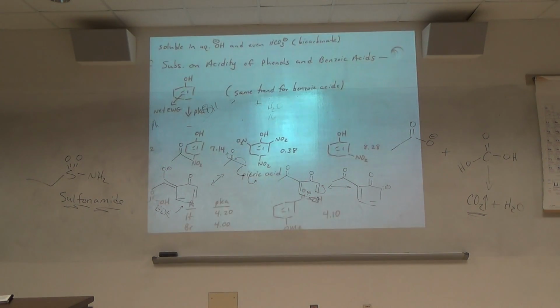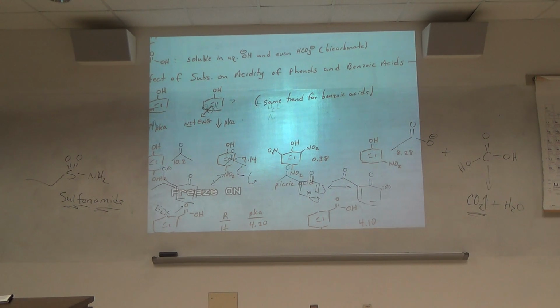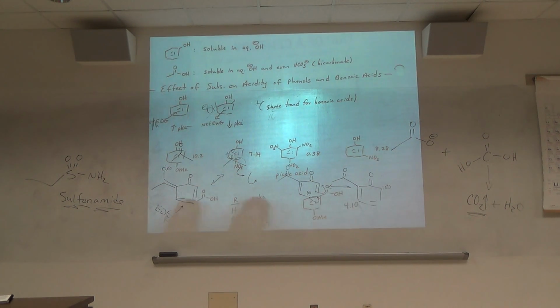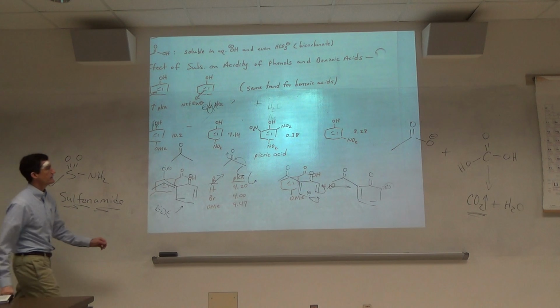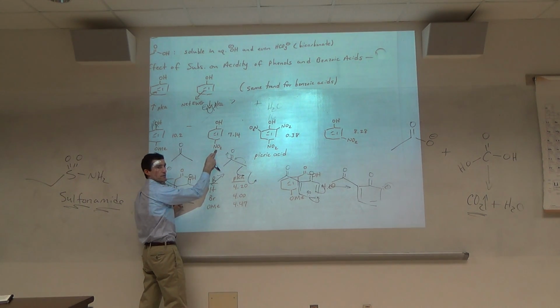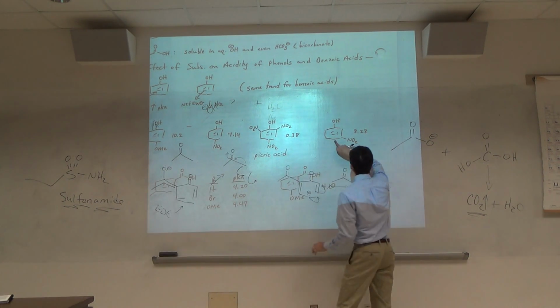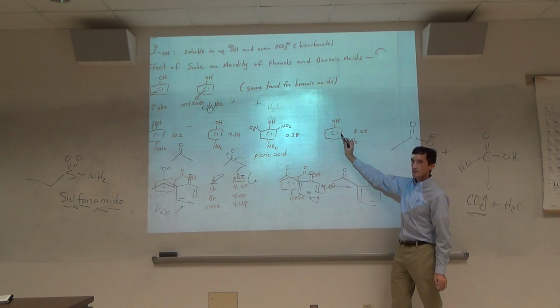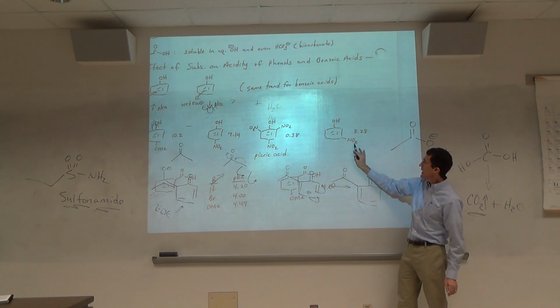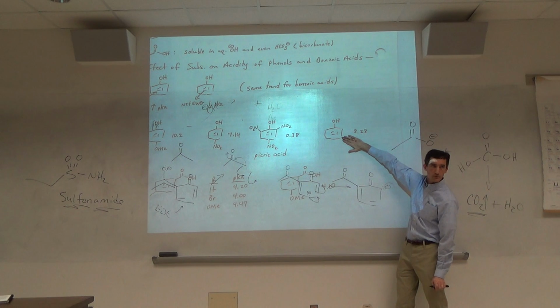And so you can do the same type of resonance structures, and you should sit down and do it for these here. Here, the anion, you can show resonance into the nitro. But here you cannot. You should sit down and do that. No resonance into the nitro. So why is it lower than phenol? Obviously it's more acidic.